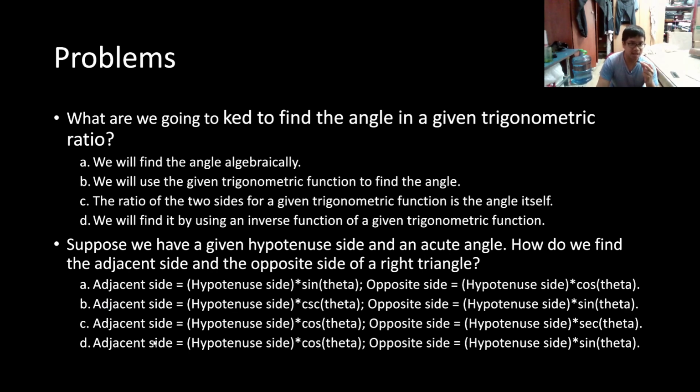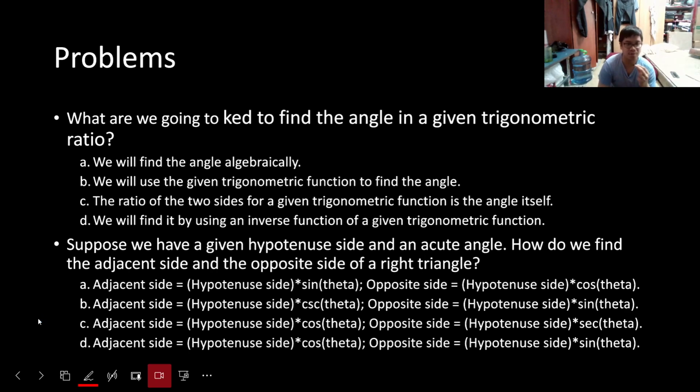C, adjacent side, all you need to do is multiply the hypotenuse side by cosine theta. And for the opposite, multiply hypotenuse side by the secant theta. And lastly, D, for adjacent side, just multiply the hypotenuse side by cosine theta. And for the opposite side, it's hypotenuse side times sine theta.